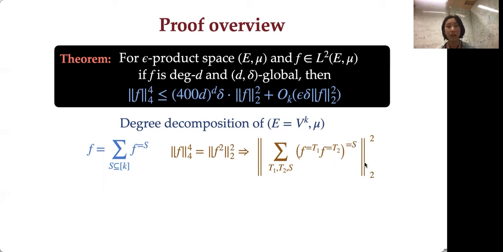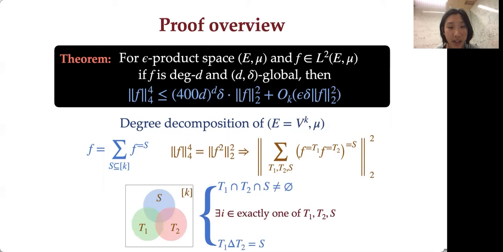Next, we'll split these summands into three cases according to the relative relationship between T1, T2, and S. Note that these three sets are all subsets of the universe k, and we split into the following three cases.